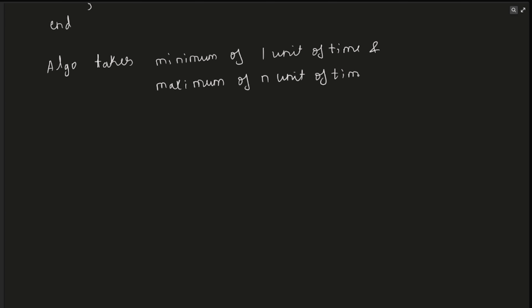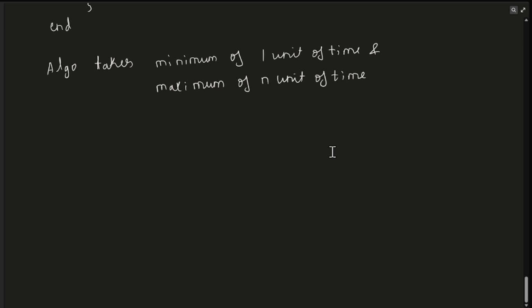Since we don't know the value of n, we can mention the algorithm takes minimum of 1 unit of time and maximum of n unit of time. And the time complexity of if block depends on the condition and the code block inside it. I hope this part is clear.